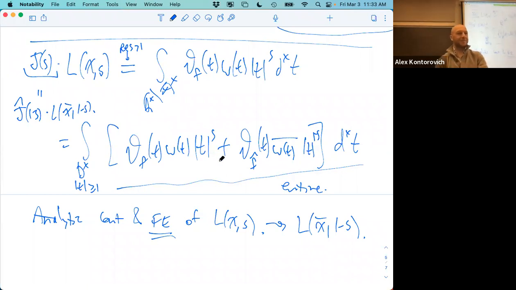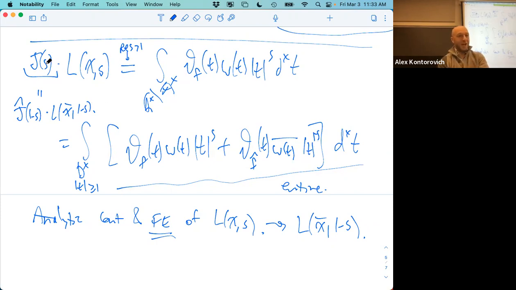Right. So in a sense, if your junk isn't nice enough, you're going to lose some symmetry. If I just divide by the junk on this side, this is something that we can make sense of for any complex value of s.